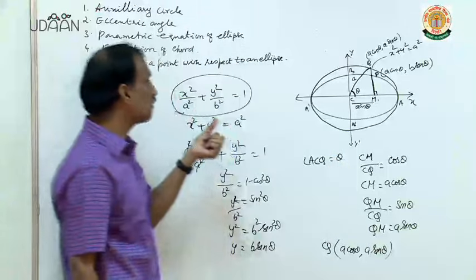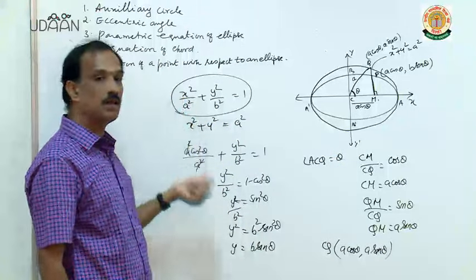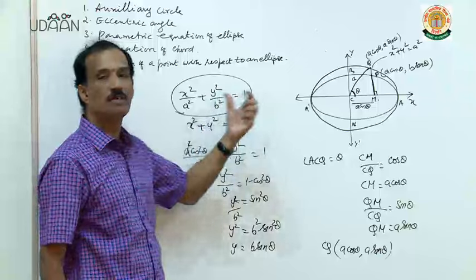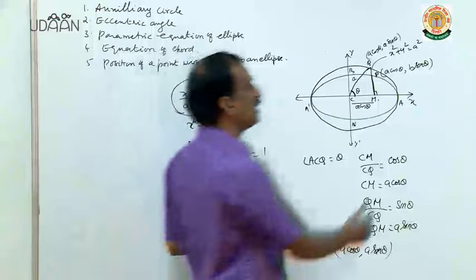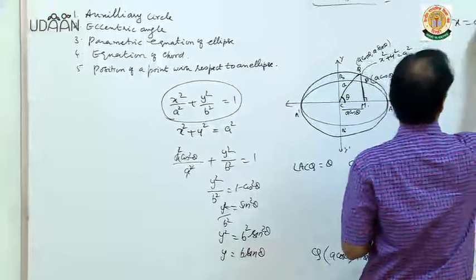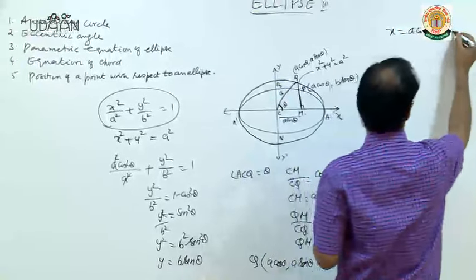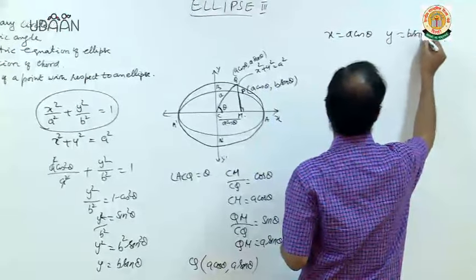The equation of the ellipse is x square by a square plus y square by b square equal to 1. So we say x equal to a cos theta and y equal to b sin theta.